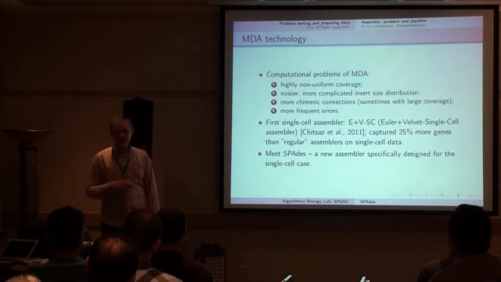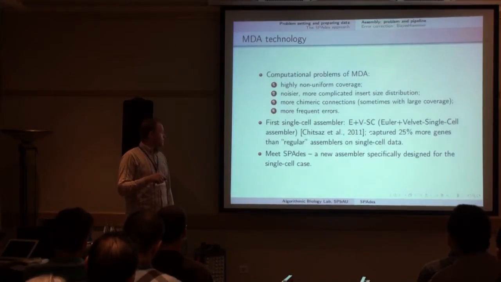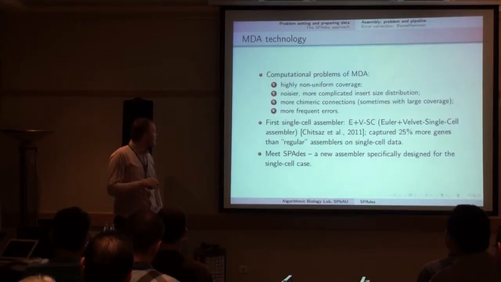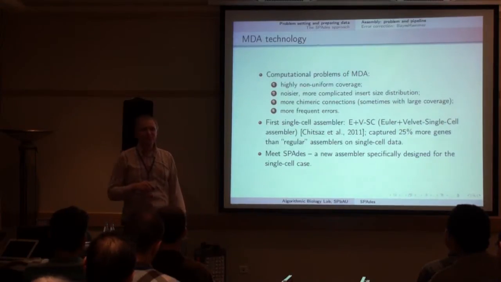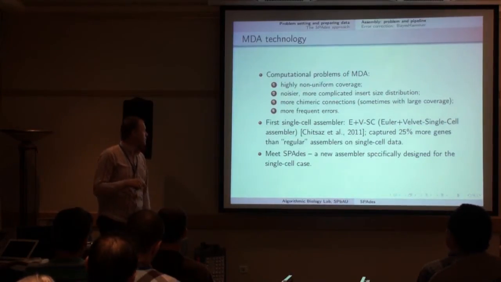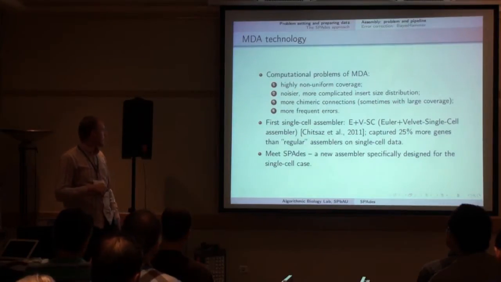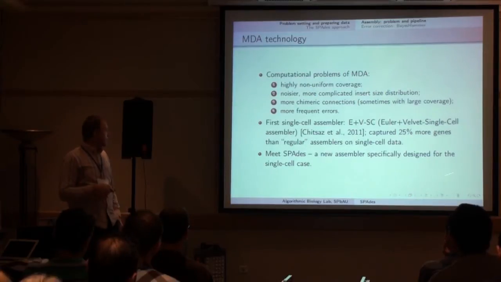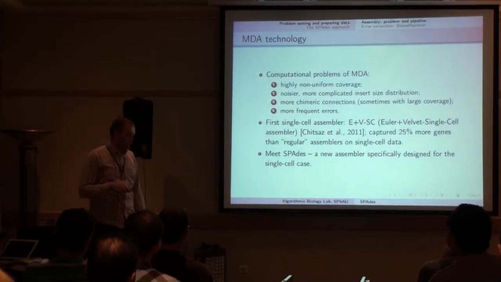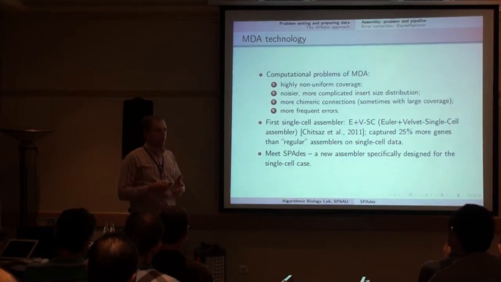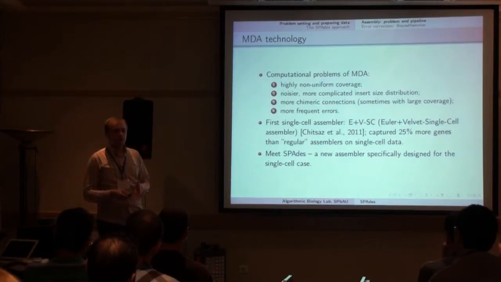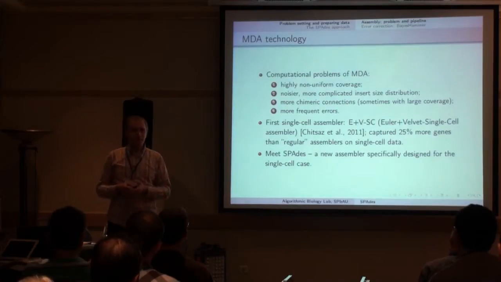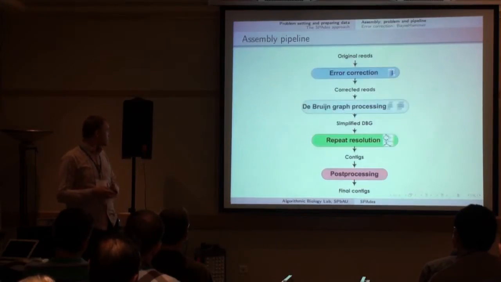It was successful. It captured 25% more genes on single cell data sets than regular assemblers. But of course, our goal was to improve upon it. And in this talk, I will try to present some of the ideas that go into making an assembler that can beat E plus VSC and other single cell competitors.